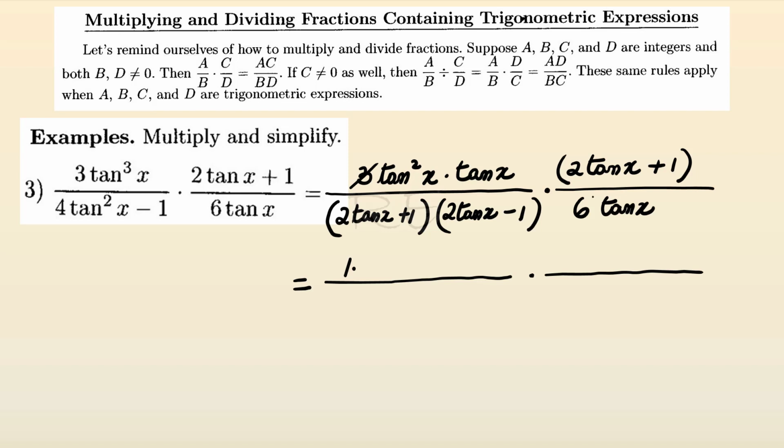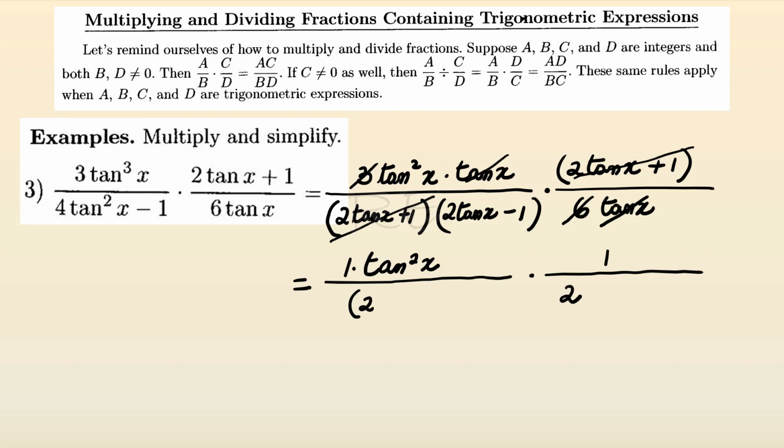Three goes into itself once and into 6 twice. tan x over tan x is 1. We are left with tan squared x. 2 tan x plus 1 over 2 tan x plus 1 is 1.